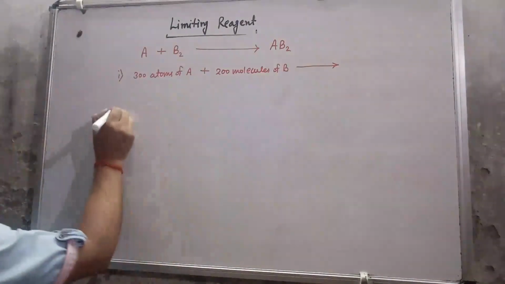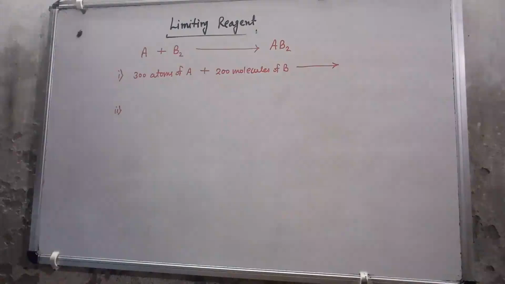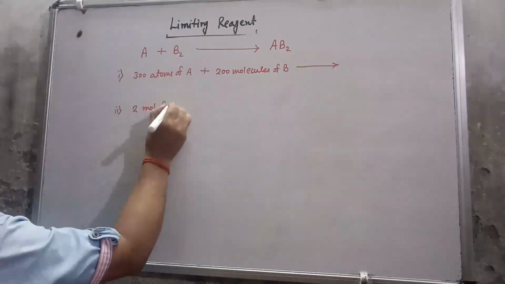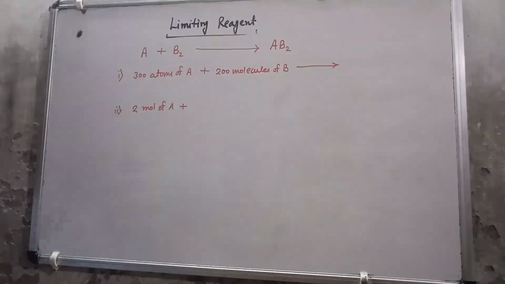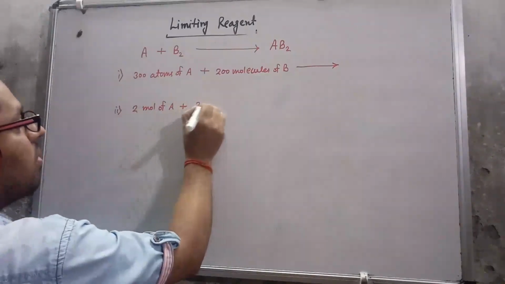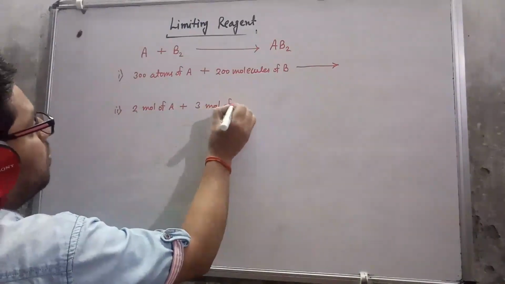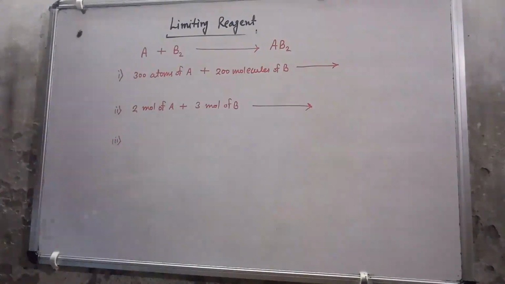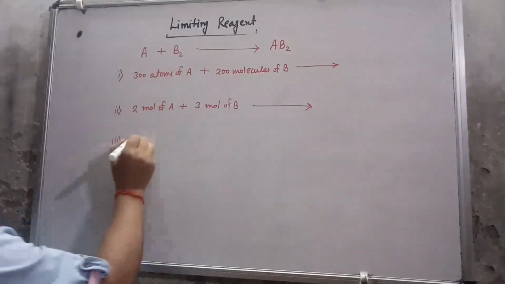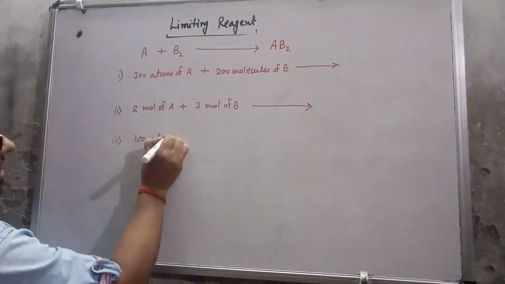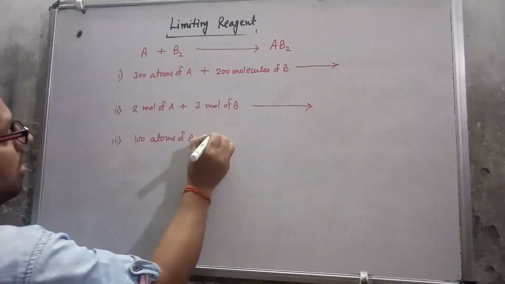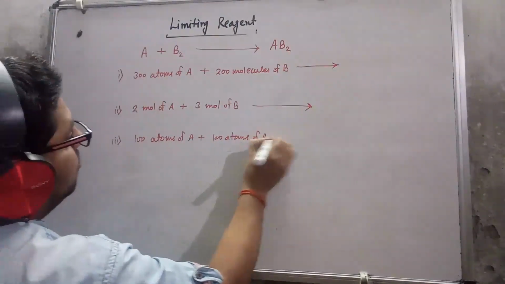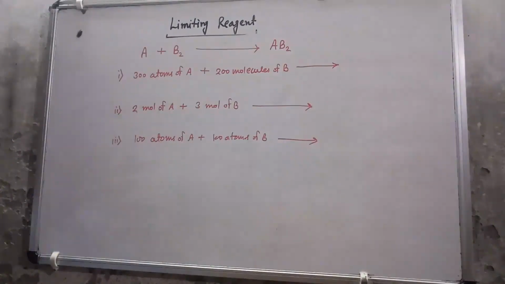Second part, they are giving us 2 mole of A combined with 3 mole of B. Then which one is the limiting reagent? Third point, they have given 100 atoms of A combined with 100 atoms of B. Then which one is the limiting reagent?